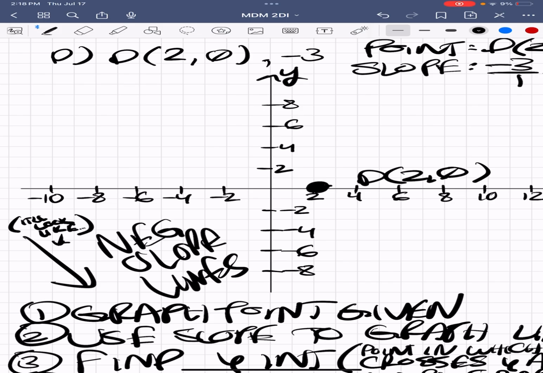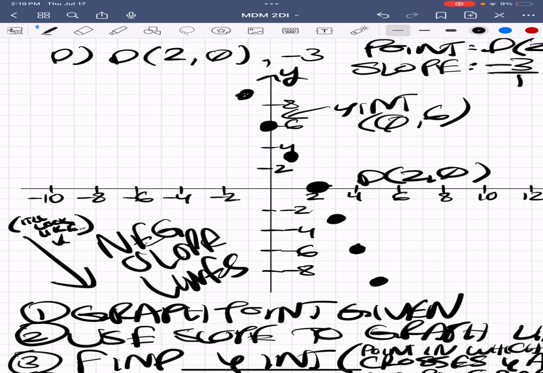So we are going to go down 3 and then over 1. Down 3 over 1. Up 3 over 1. And there we go, we have our y-intercept right there. So our y-intercept being 0, 6.